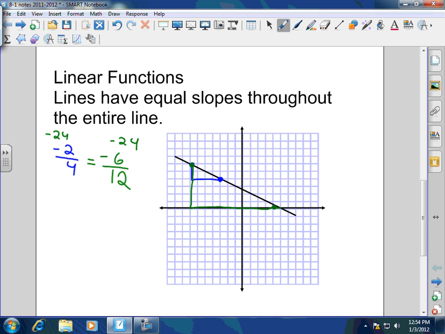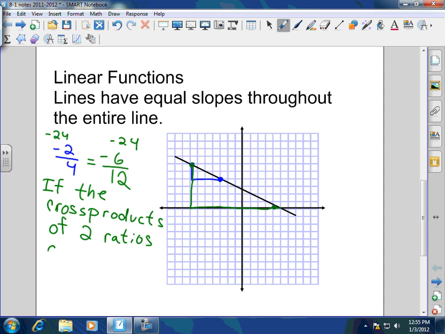So basically what we're saying here is, if the cross products of two ratios are equal, then they are proportional.